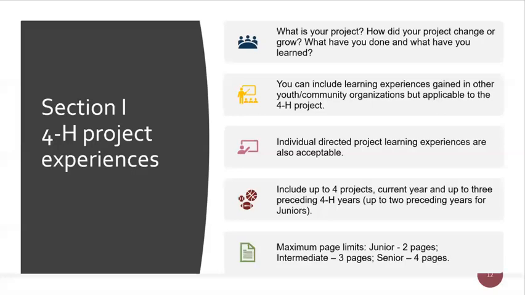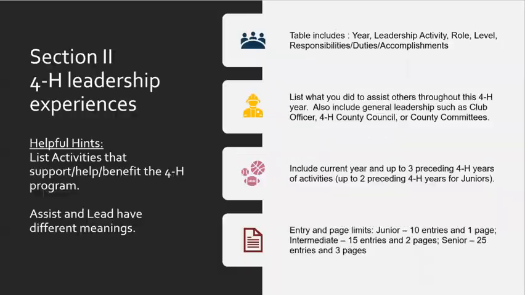Okay, let's look at section 2. And this is where your leadership experiences are listed. So everything done in 4-H is at a particular level. And the form is going to ask, was this leadership activity done at the club, county, district, state, national, or even international level?